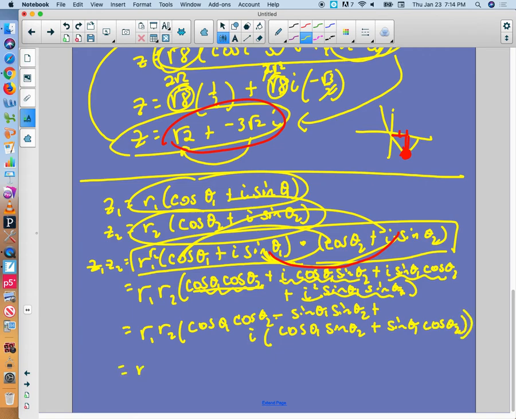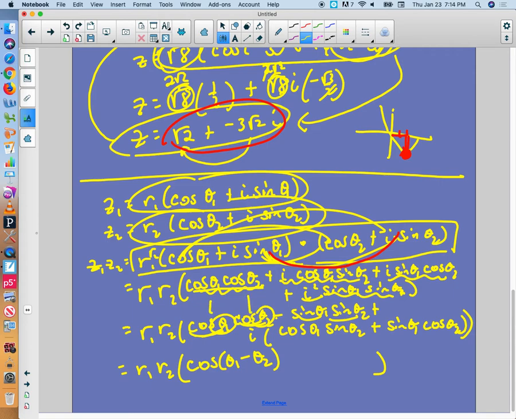It's a big pain, but something super cool is going to happen with our identities. This is cosine theta, cosine A, cosine B minus sine A, sine B. That gives me cosine of theta 1 minus theta 2, because these are two different angles like A and B. I'm sorry, I've got to be careful here.